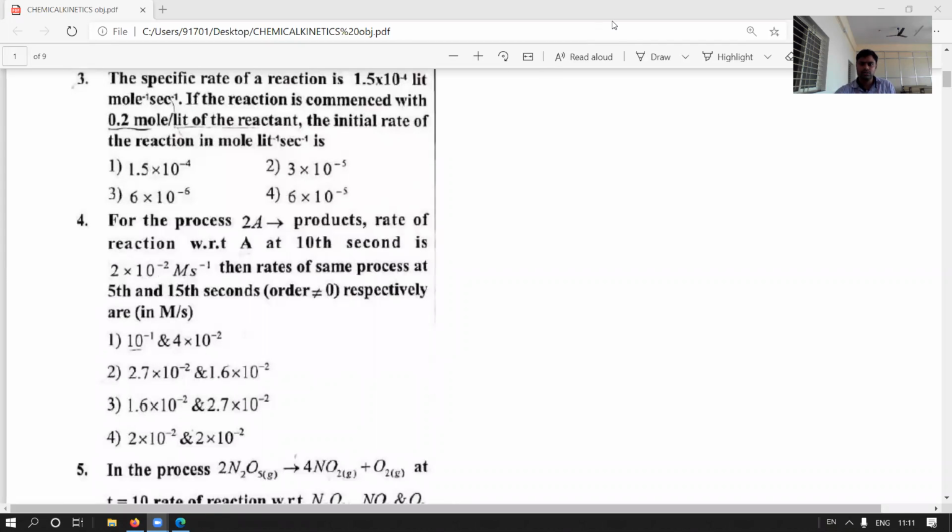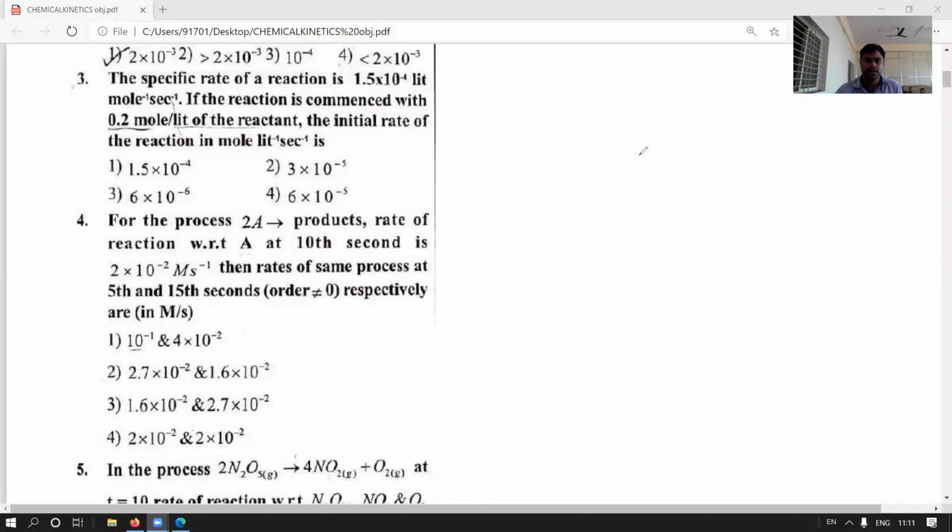The third question. What they gave me is the specific rate of the reaction. Specific rate of the reaction is nothing but the rate constant.